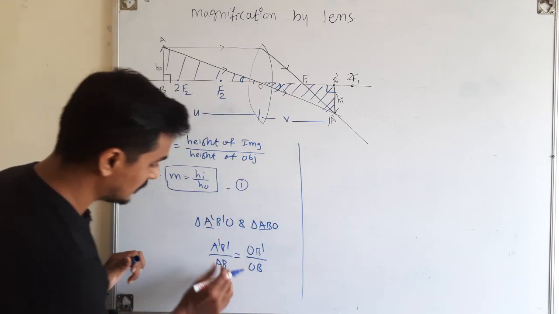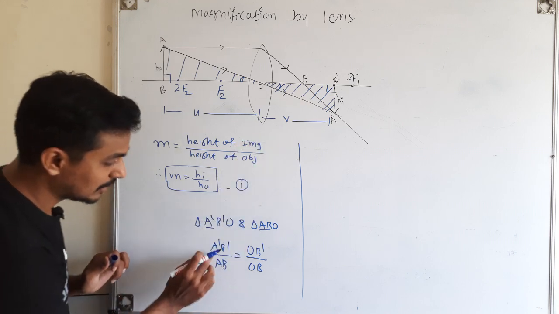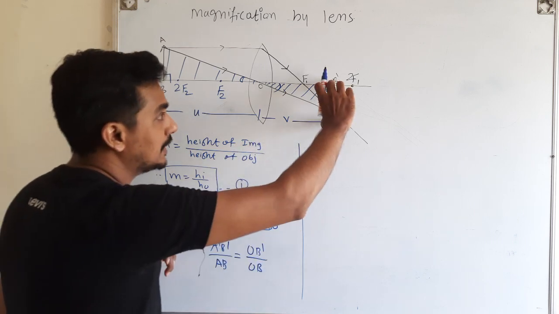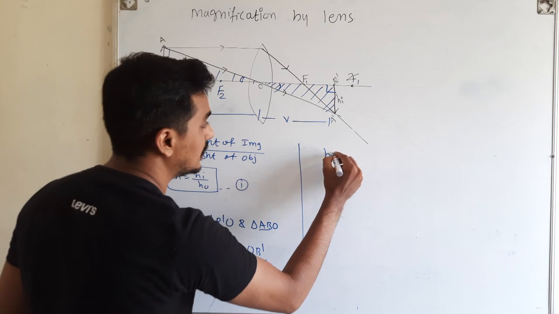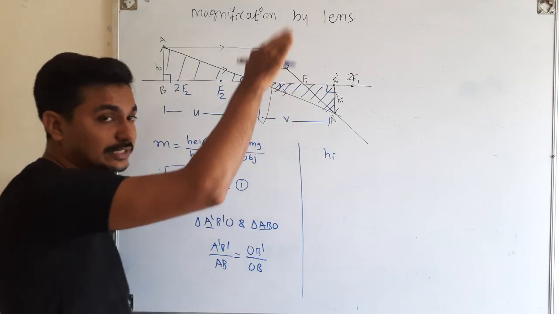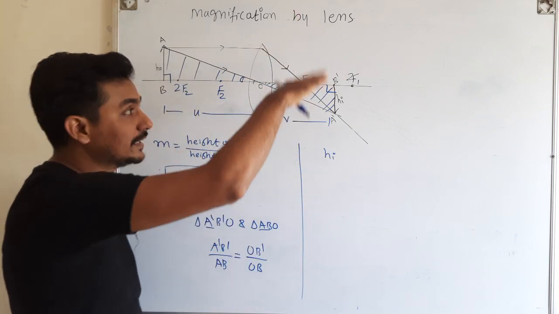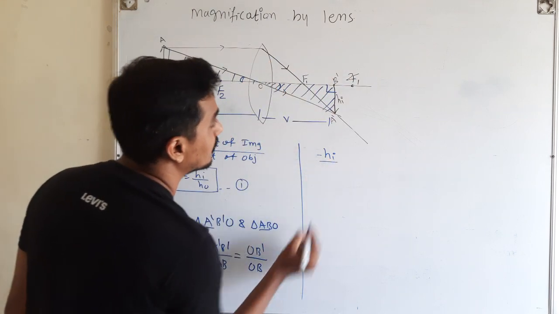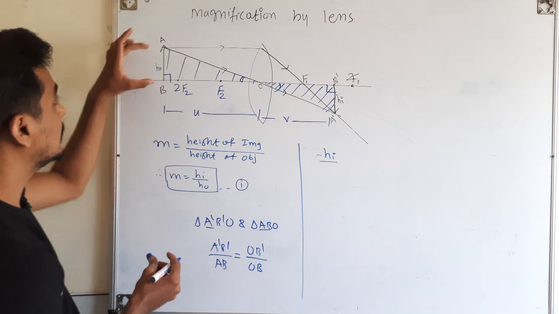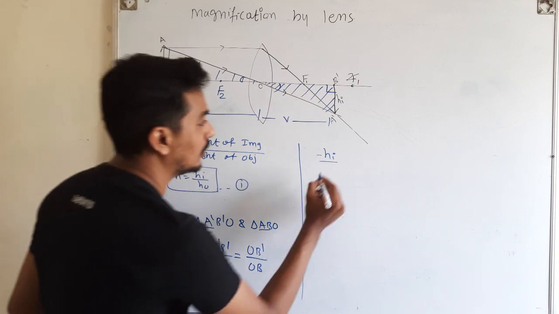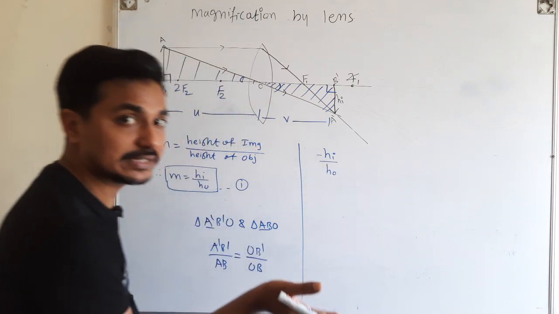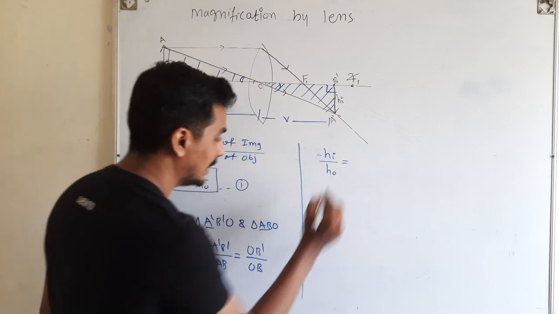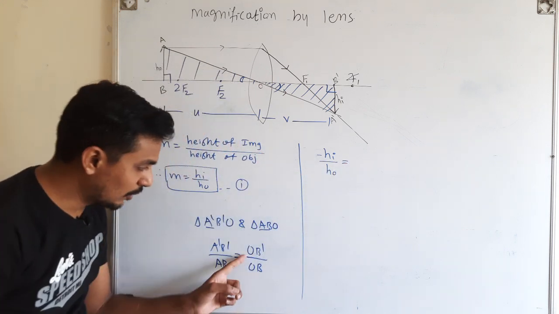A dash B dash is the height of the image, but it is below the principal axis, so it is minus HI. And AB, the height of the object, is plus because it is above the principal axis, equal to OB dash.